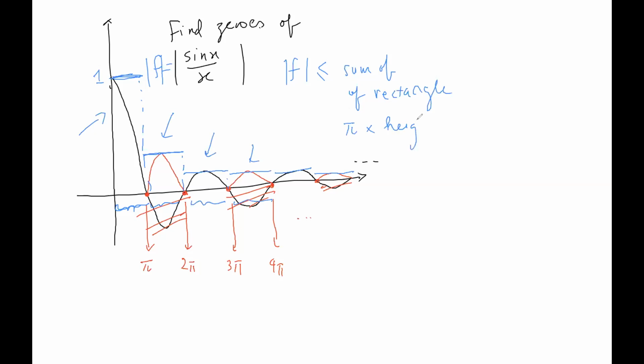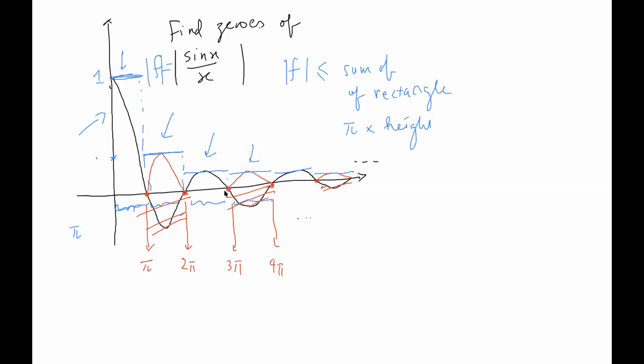For example, the first rectangle here, the area will be pi. The second one, then we need to know this height, right? So how do you find the height? The height is basically the maximum point of this curve, okay? It's basically the peak, right?